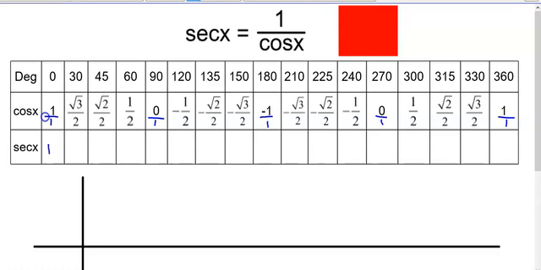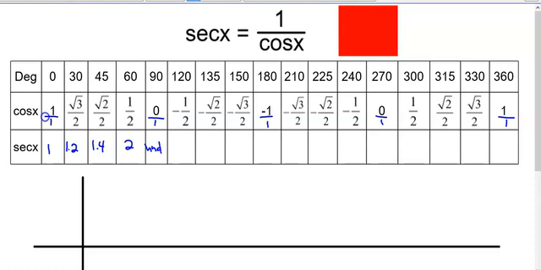So 1, and then 2 divided by the square root of 3, which ends up being about 1.2, and about 1.4, and then 2, and then we end up being undefined right here.